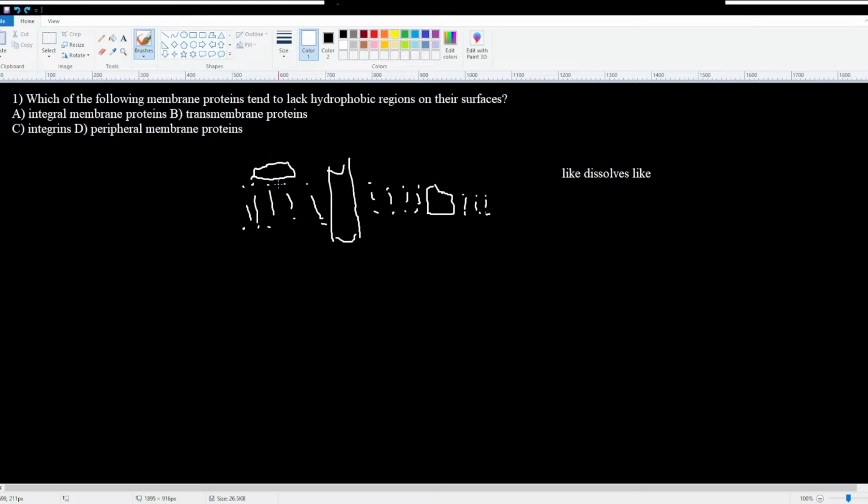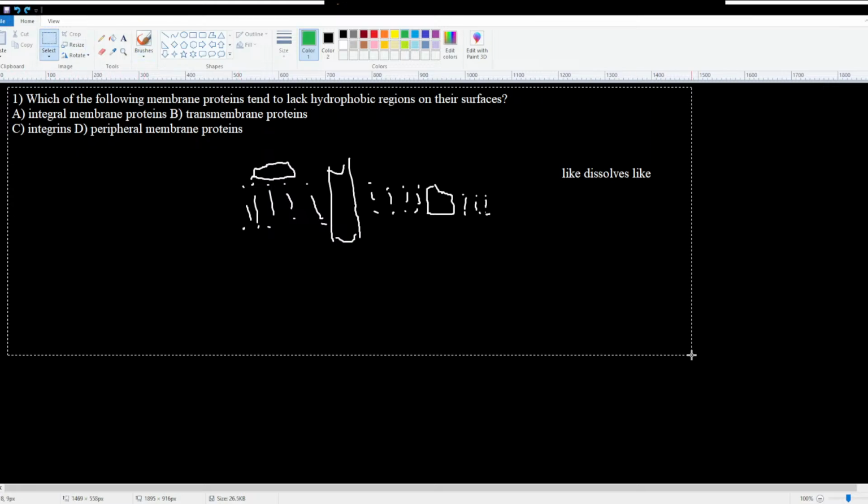If it's hanging around the phosphate groups on the phospholipid, which are polar, right? This one's going to lack hydrophobic regions on the surface, because if it didn't lack hydrophobic regions on the surface, then it would be on the inside of the cell membrane. But since it is lacking them, it would be on the outside. Hence, the answer is D.